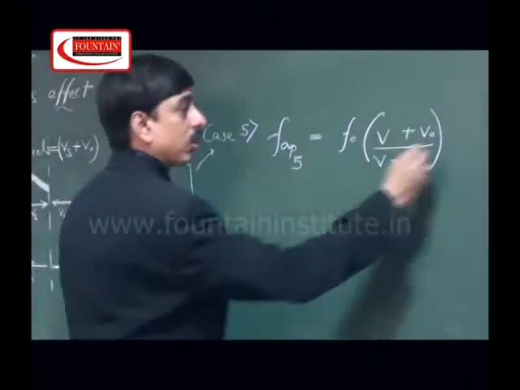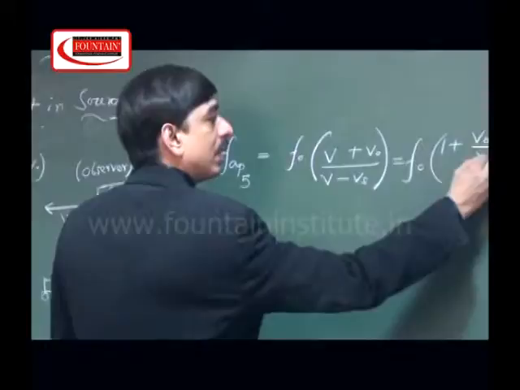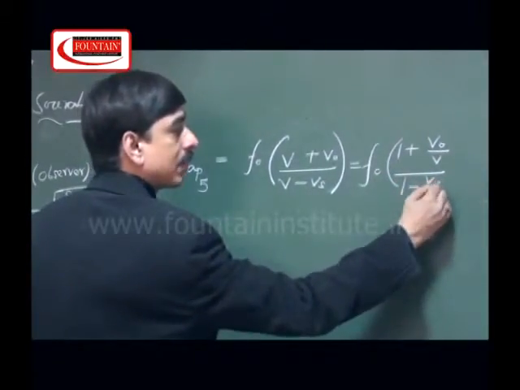We can modify this law as f0 times (1 plus v0 by v) upon (1 minus vs by v).